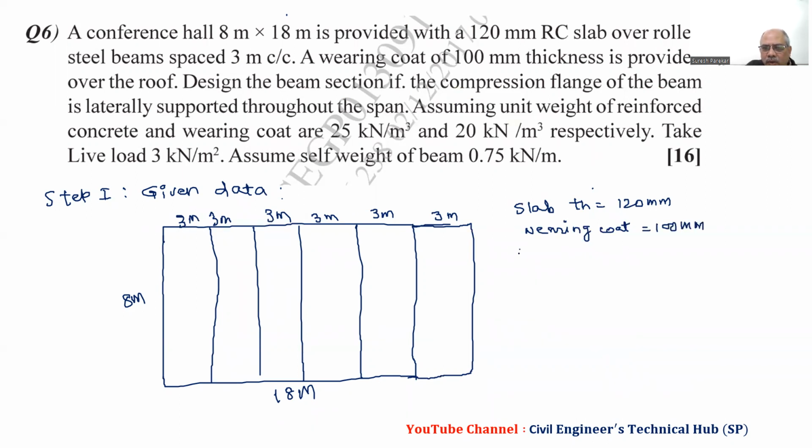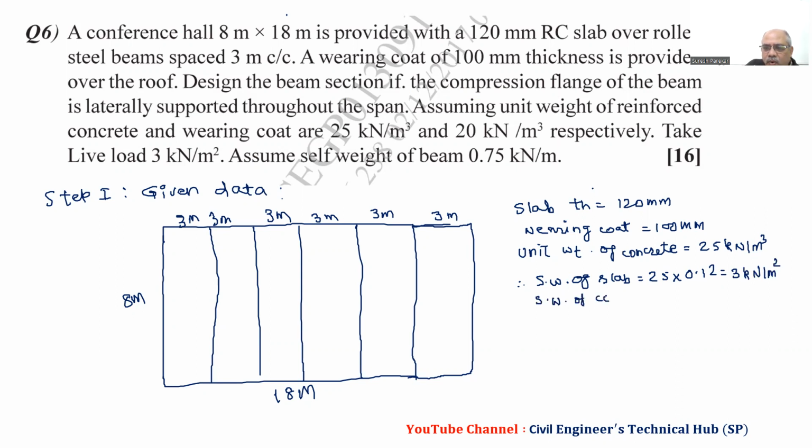Given unit weight of concrete, 25 kilonewton per meter cube, and therefore self weight of slab we will get equal to 25 into 0.12, that is 3 kilonewton per meter square, because we have live load in kilonewton per meter square.